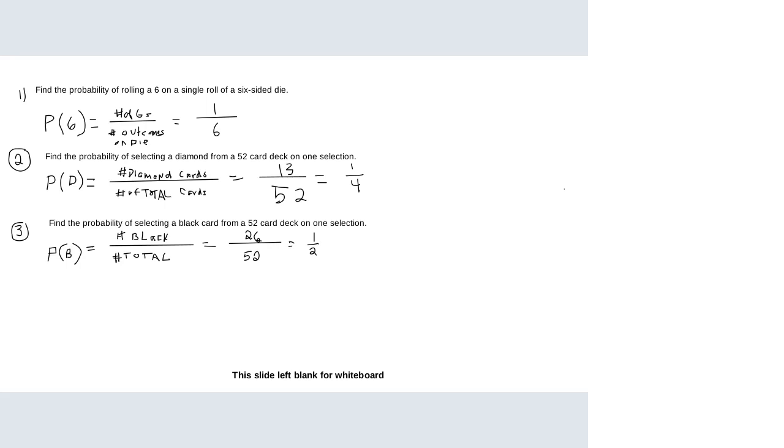Maybe when we get to chapter 6, I can show you a little bit of a graph of that to see how it represents a normal distribution. All right, so let's go back.